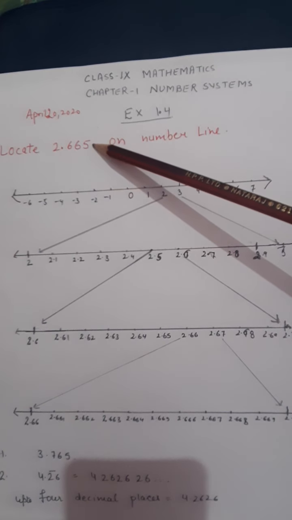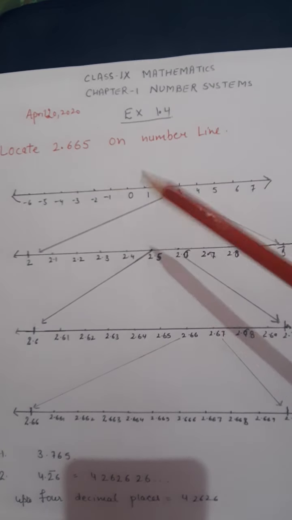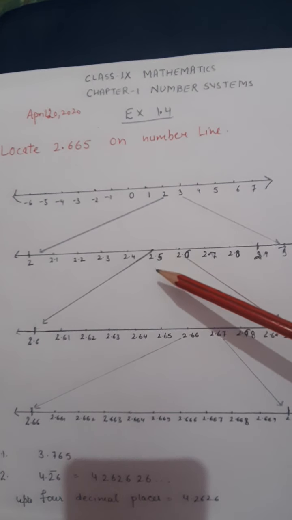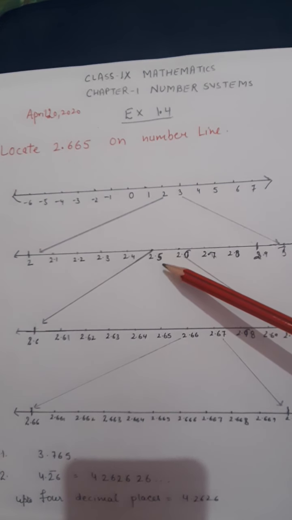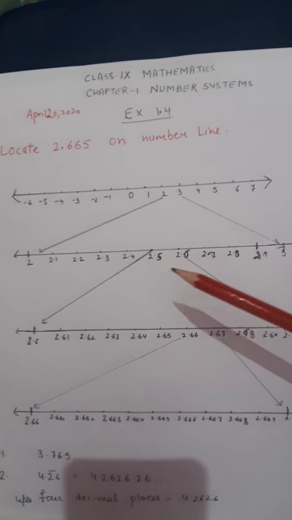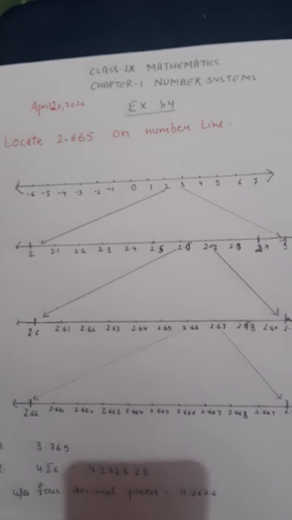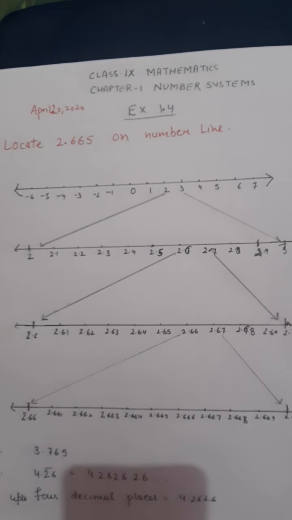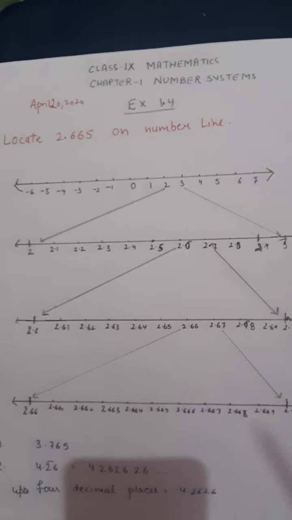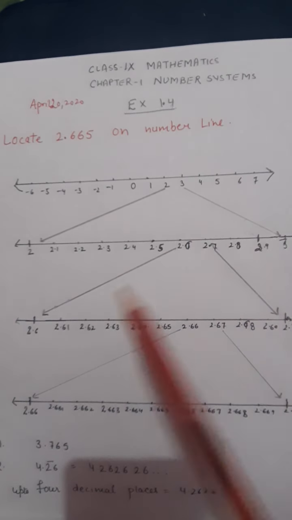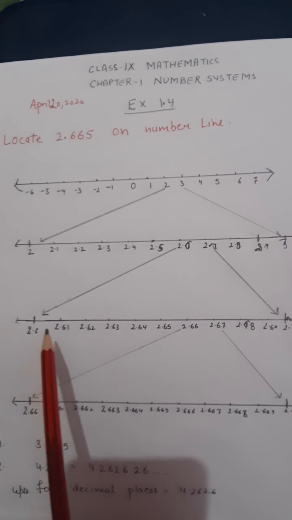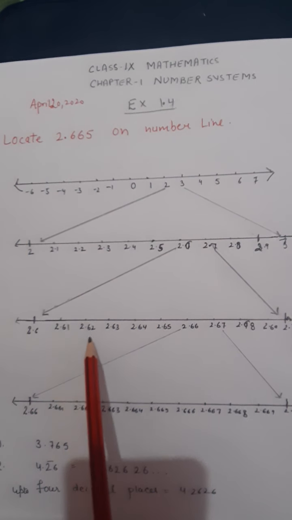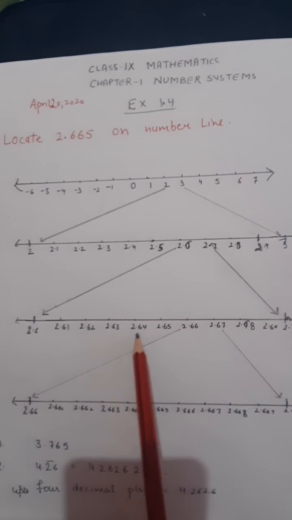Where will 2.66 lie now? Between 2.6 and 2.7. So we have extended 2.6 and 2.7. Here we are looking for 2.66. So in between which numbers lie? 2.61, 2.62, 2.63, 2.64, 2.65 and so on.